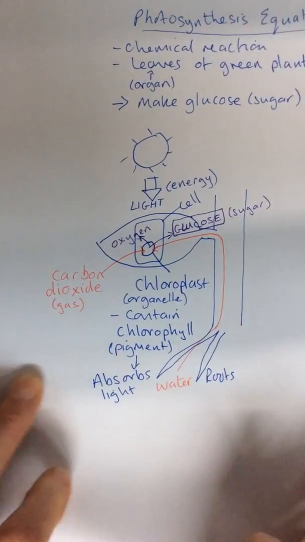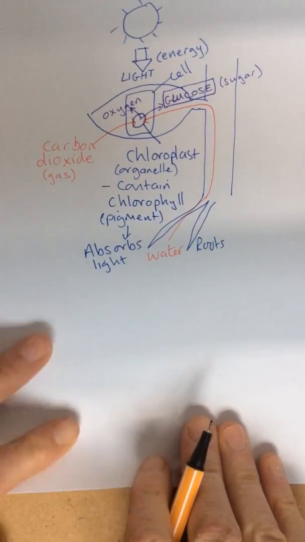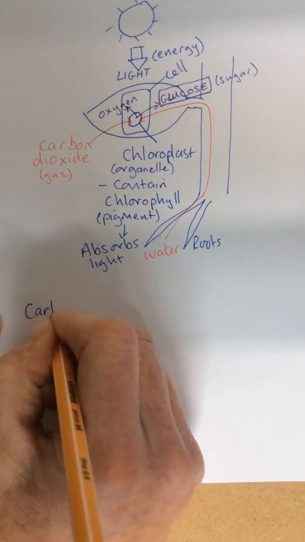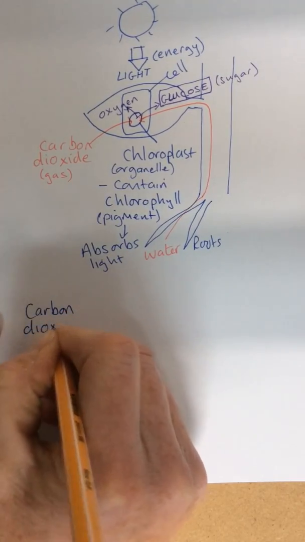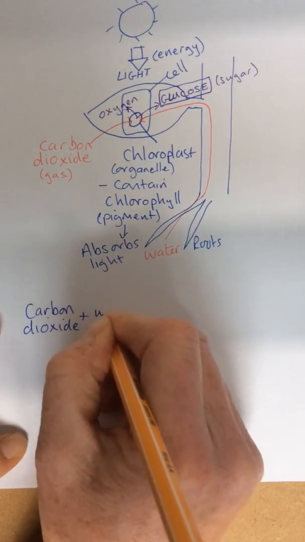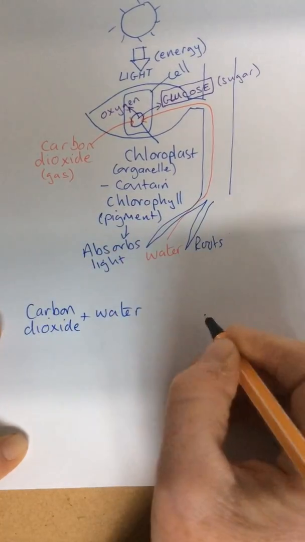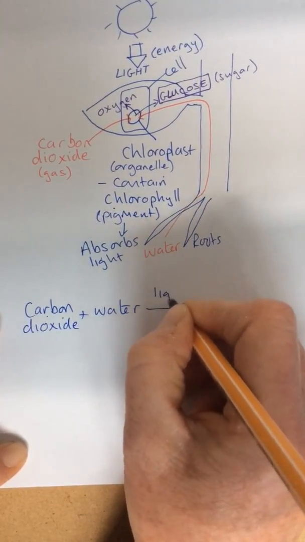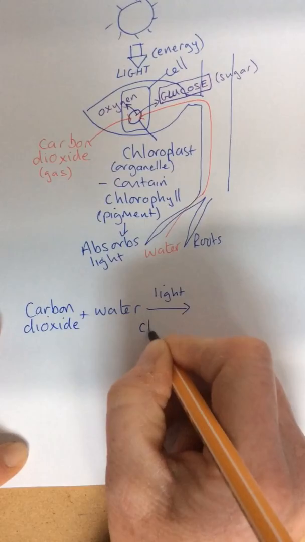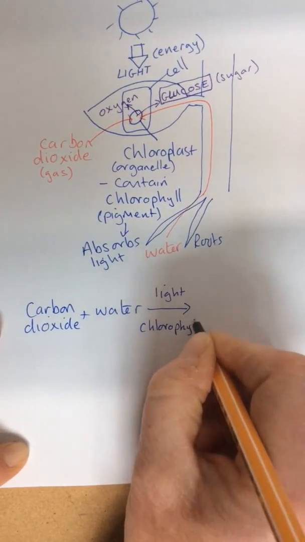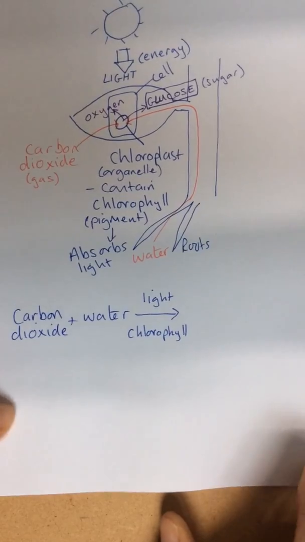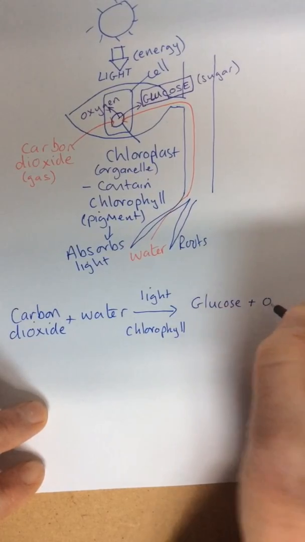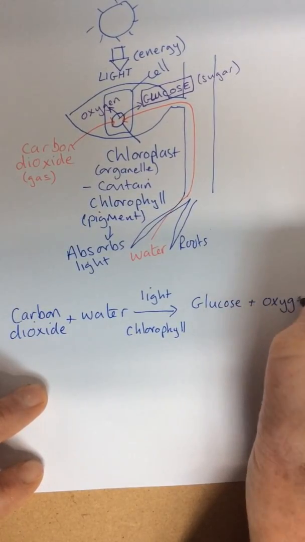If we have a look at this, and you need to learn this equation, we can say that carbon dioxide plus water, with the help of light energy and chlorophyll, produces glucose and oxygen.